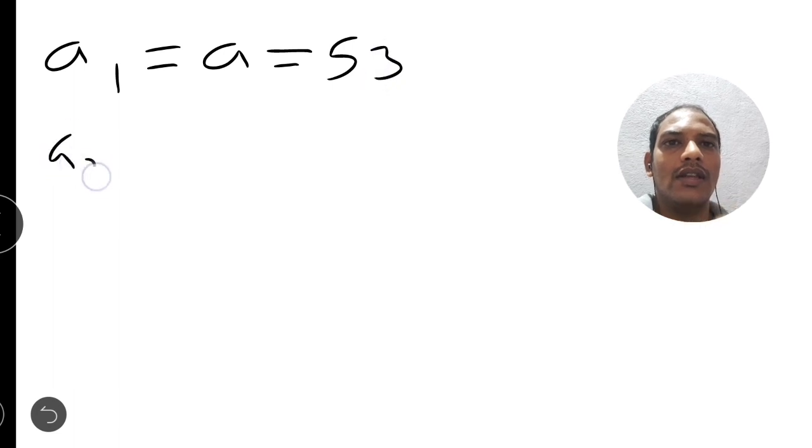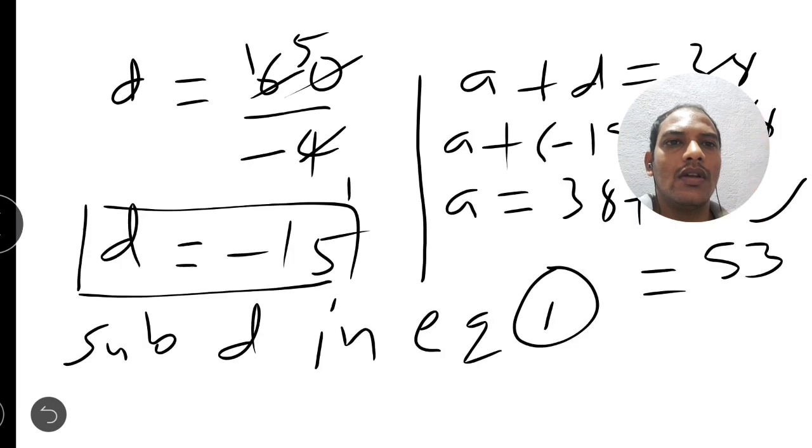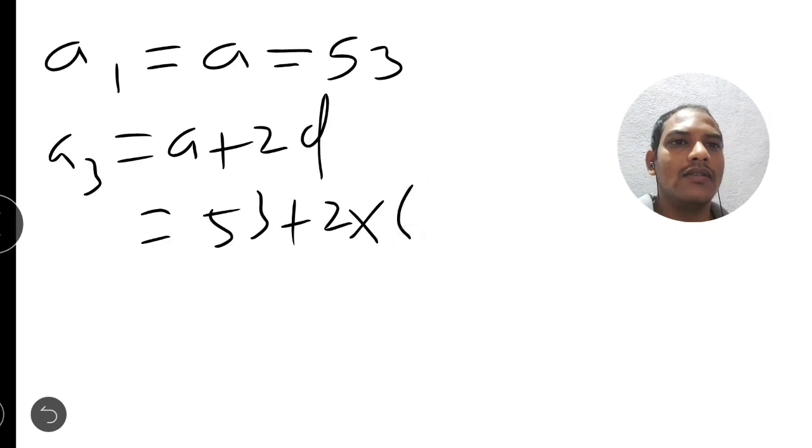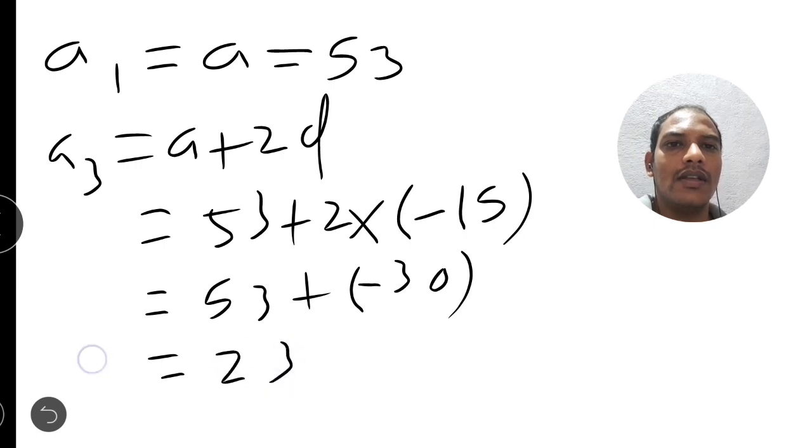Next, A3 means A plus 2D. It is equal to 53 plus 2 into the D value, minus 15. So 53, and 2 into minus 15 is minus 30. 53 plus minus 30 is 23.